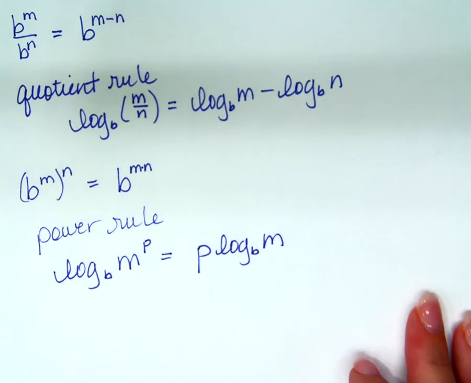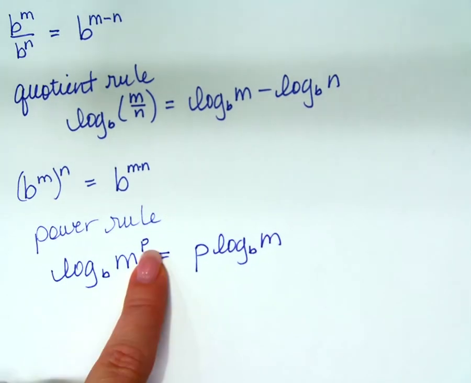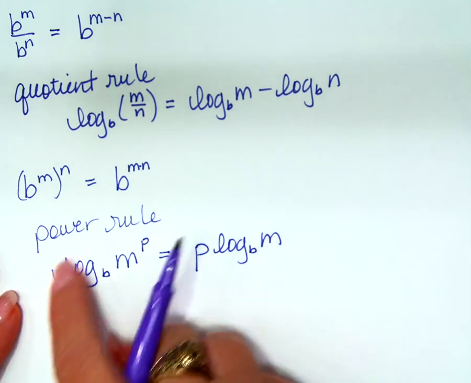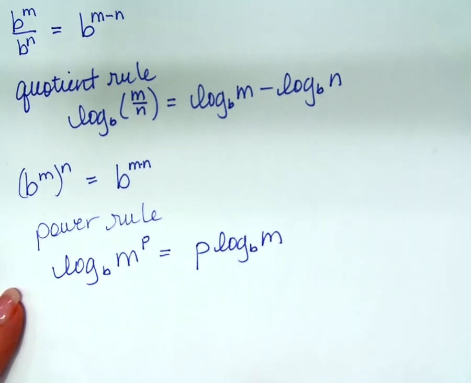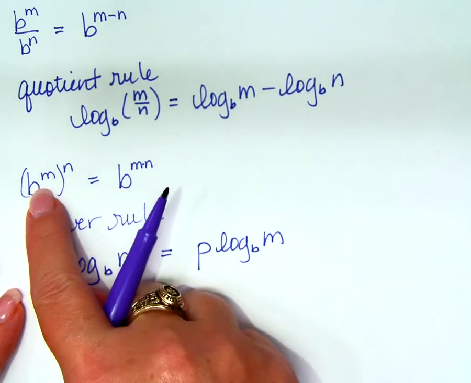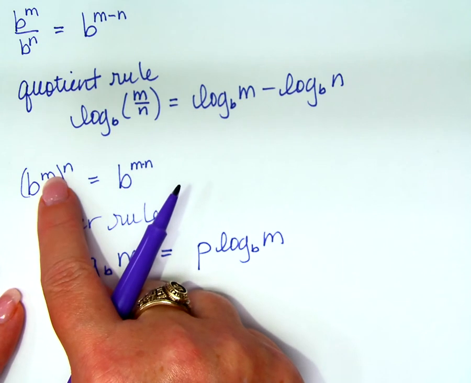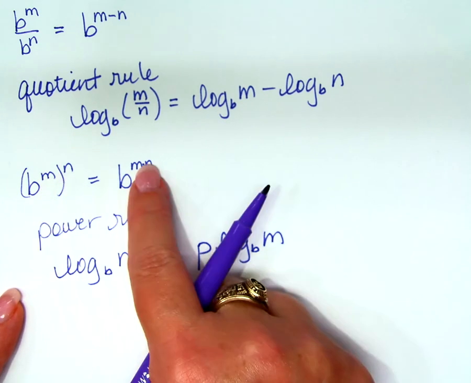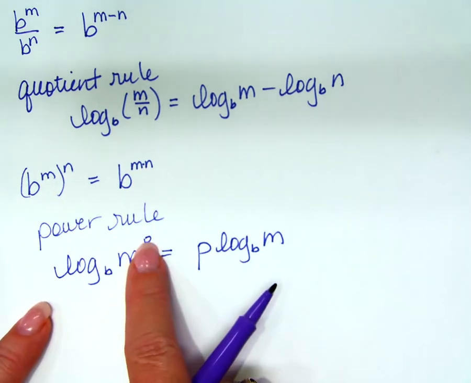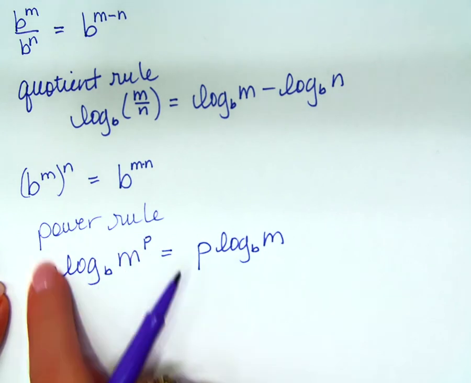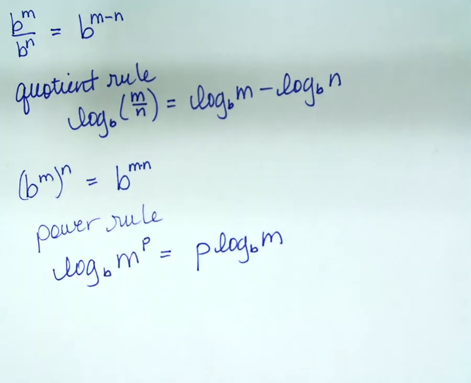So what did we do with that exponent inside of a logarithm? We moved it in front as a multiplier. So power to a power, we multiply those exponents. If there's an exponent inside the logarithm, we bring it down in front as a multiplier.